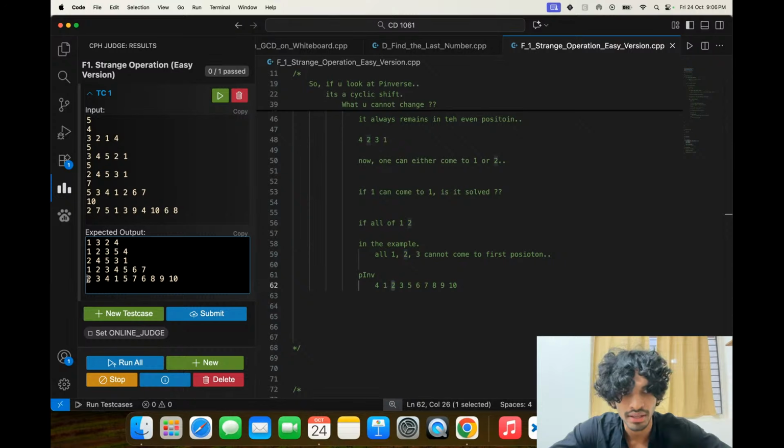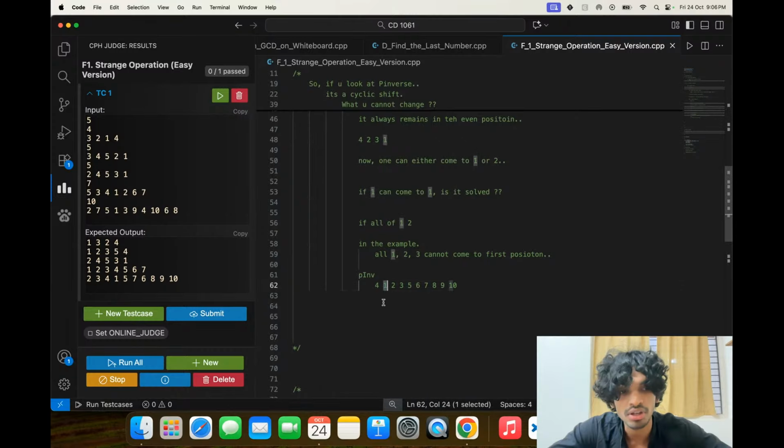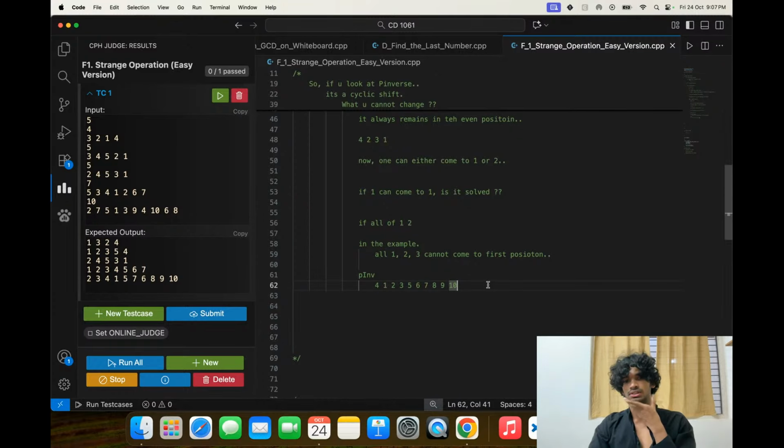Okay, it is correct. 2 can never come there. So, the smallest place 1 can take is 1. The smallest place 2 can take is 2. The smallest place 3 can take is 4. The smallest place 4 can take is 1. Okay, that's the answer.